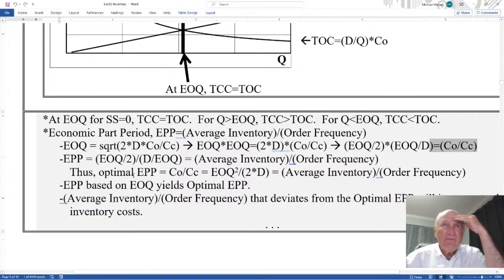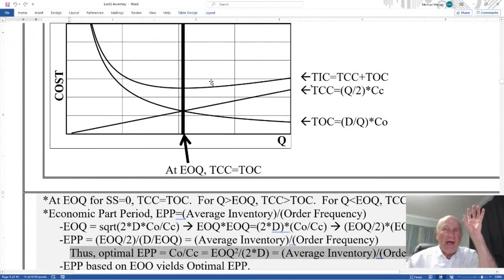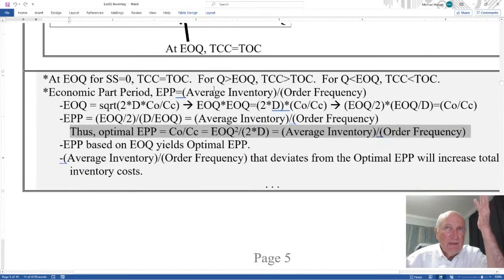Therefore, something called the EPP, or economic part period, is this ratio of ordering cost to carrying cost, which is EOQ squared over 2D, or the average inventory divided by the order frequency. This right here comes from this graph. So this graph and the relationships in a graph, in pictures, can be expressed by the EPP right here of optimality.